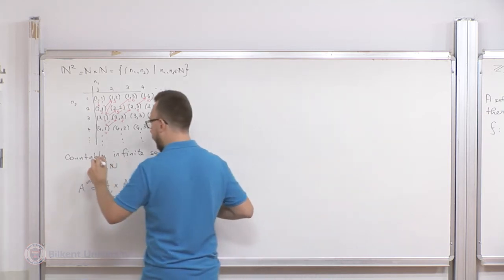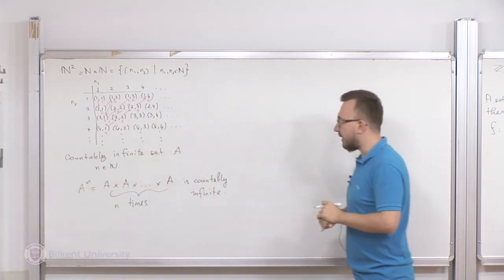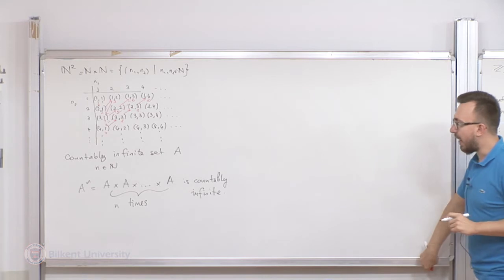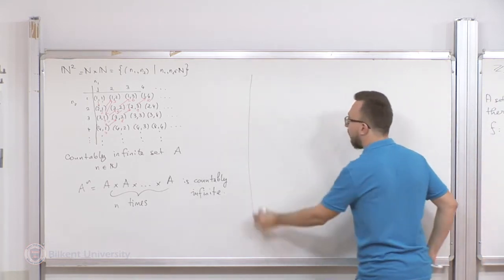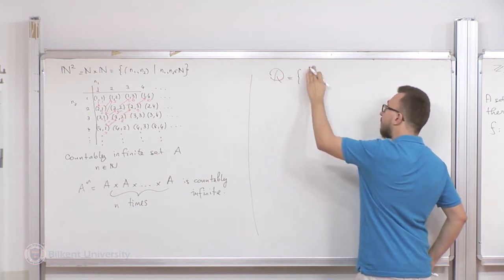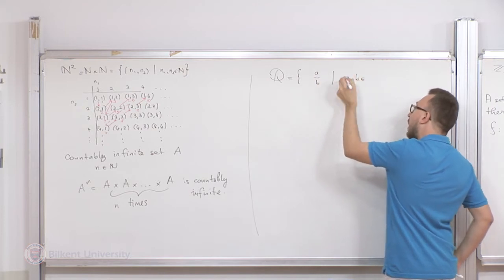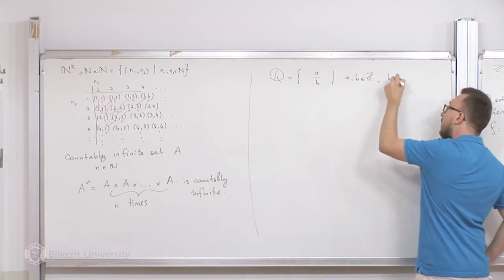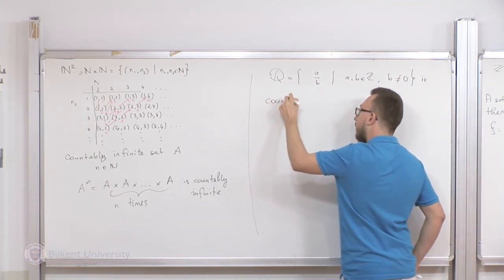So if A is a countably infinite set, this A to the power n is countably infinite. What else is countably infinite? Q, the set of all rational numbers, a over b where a and b are integers and b is non-zero, is countably infinite.